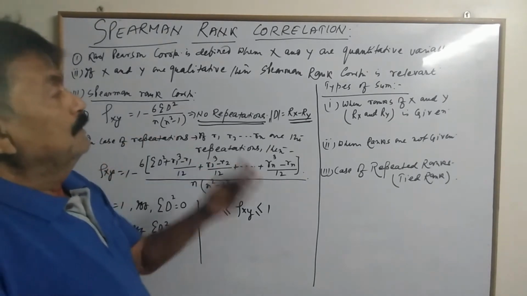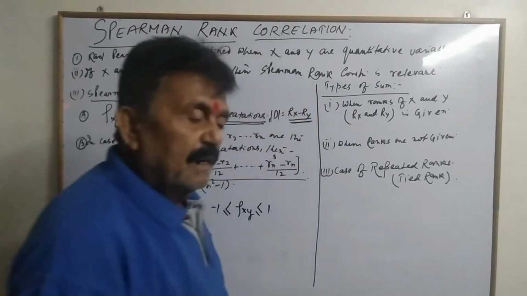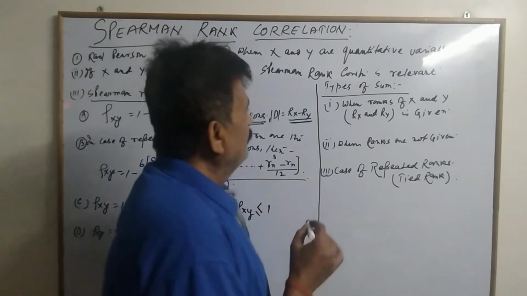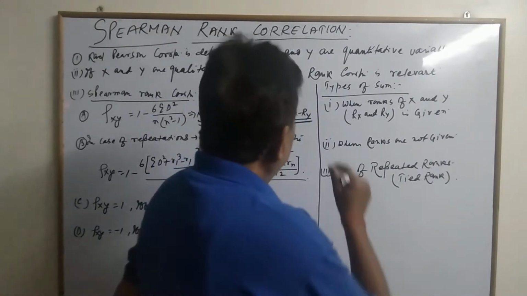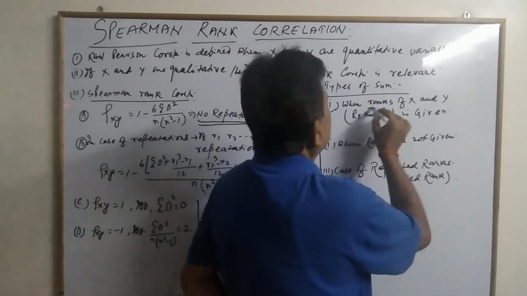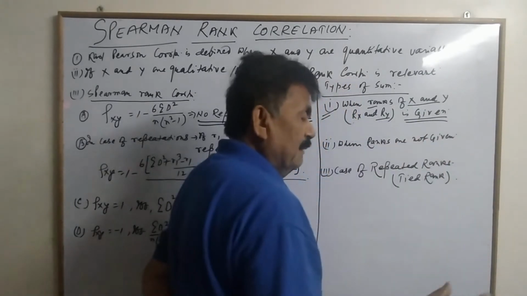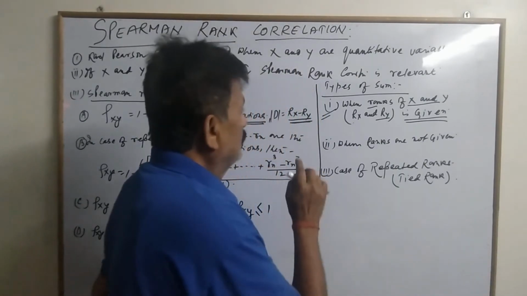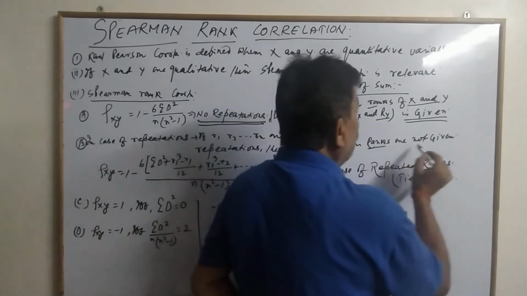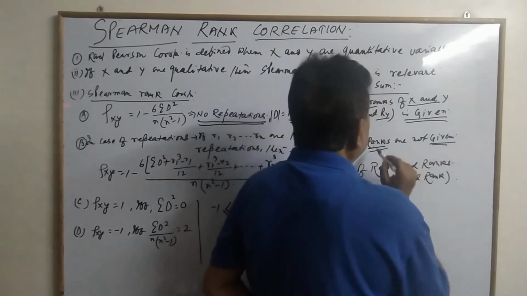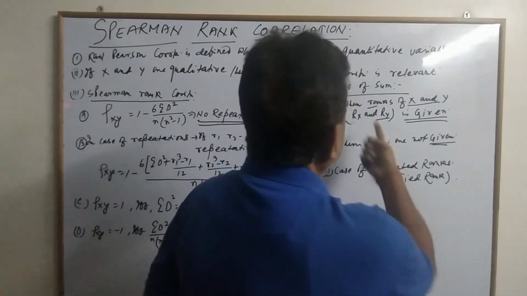Now, going to the mathematical side, three kinds of sums could be asked related to Spearman rank correlation. In one, the ranks of x and y are already given in the sum, and we proceed from there. In the second type, when ranks are not given, we have to assign ranks from our own side, and when we get the ranks, we proceed as earlier.